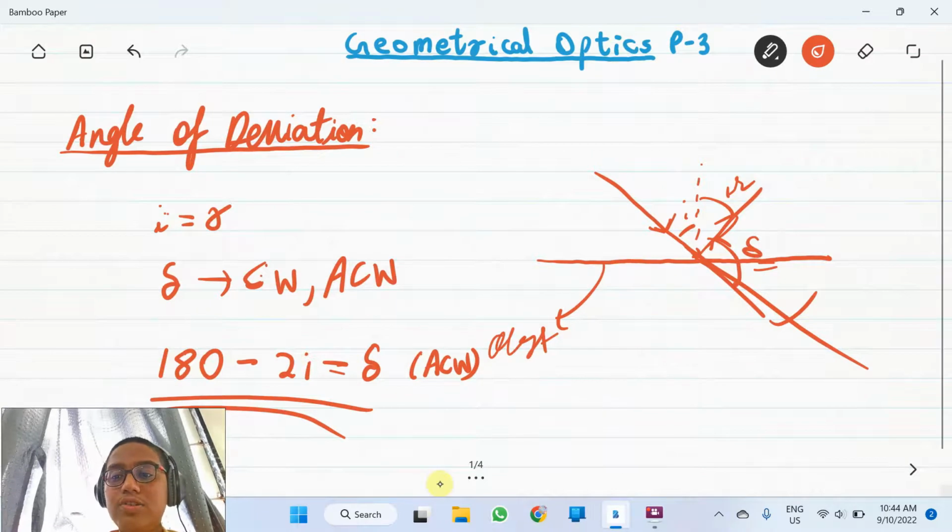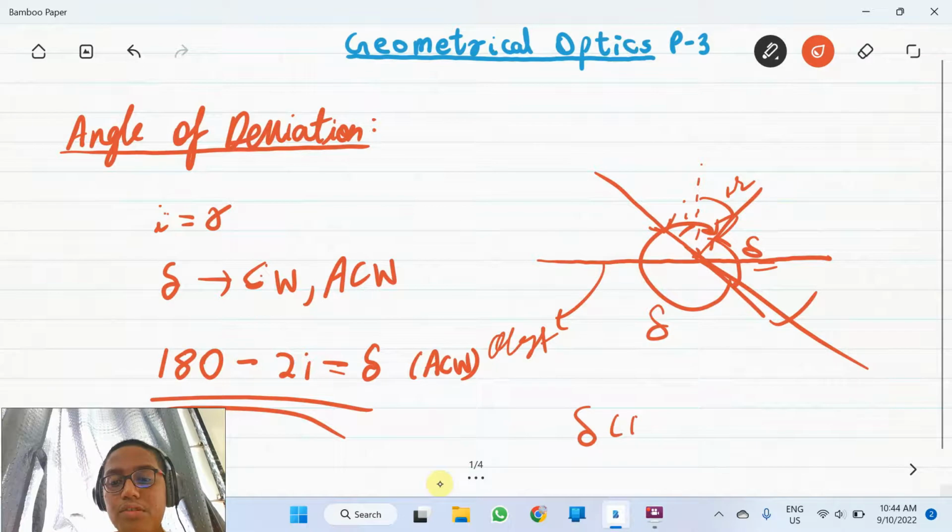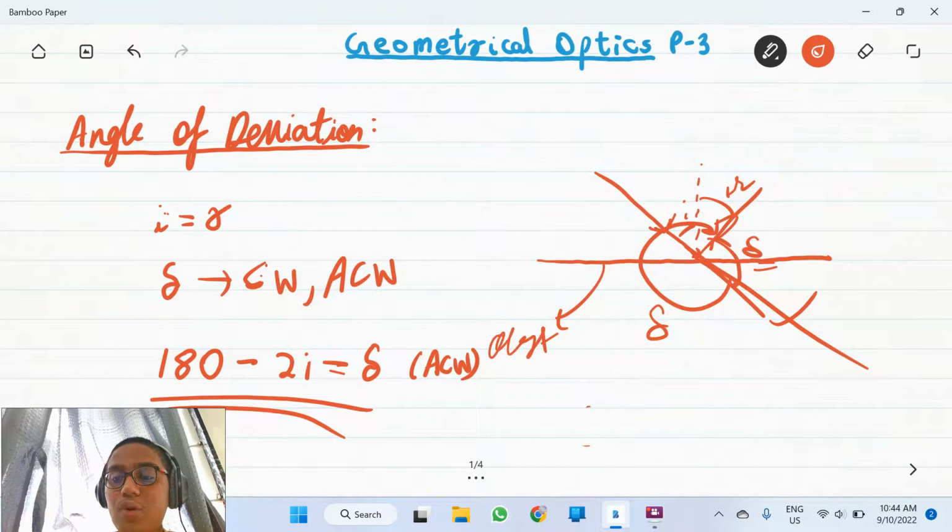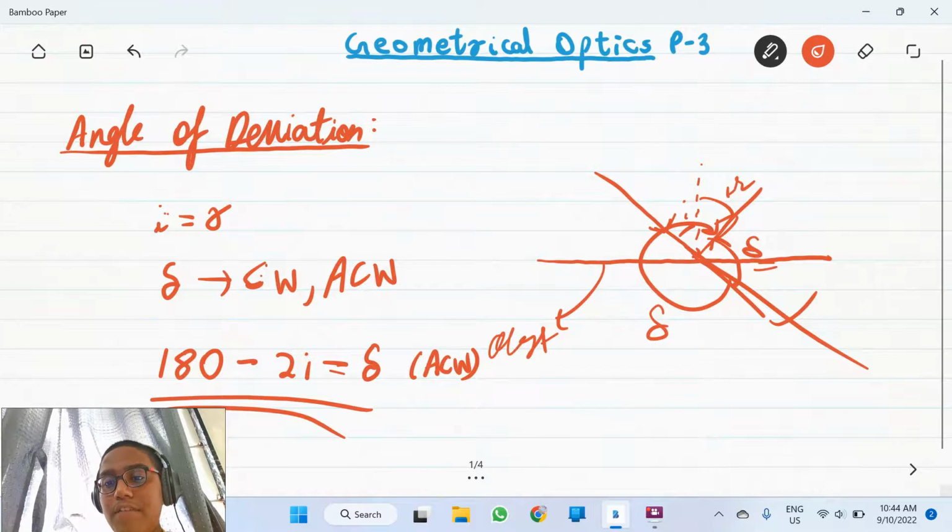Now let's also derive the equation for angle of deviation clockwise. So this whole angle is the angle of deviation.